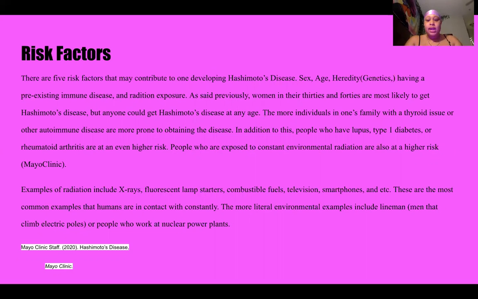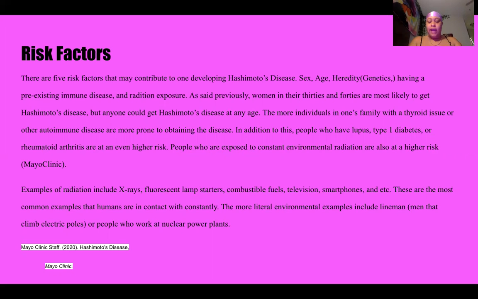If you have lupus, type 1 diabetes, or rheumatoid arthritis, you're at an even higher risk. Where it says environmental radiation, they're speaking about radiation in general, whether outside or inside, from using a cell phone, watching TV, eating microwave foods, fluorescent lamps, or literally anything that has radiation in it could increase your risk of getting Hashimoto's.